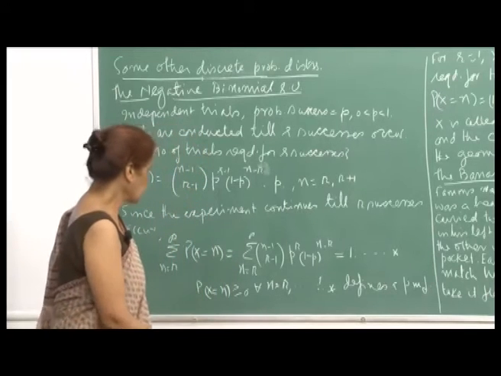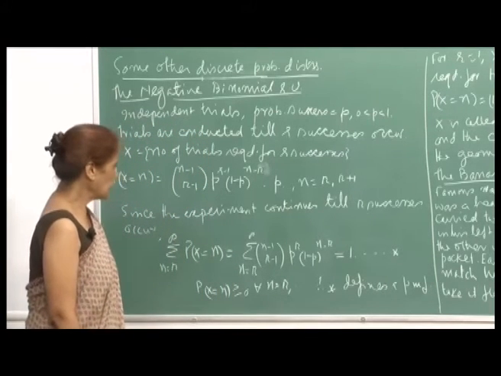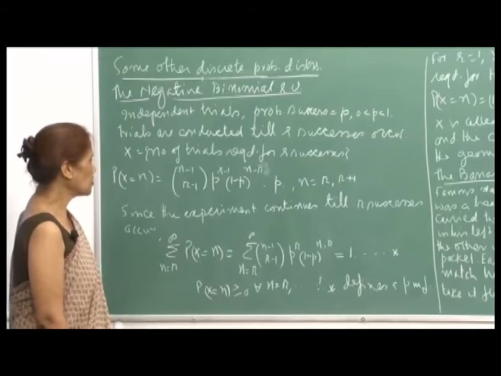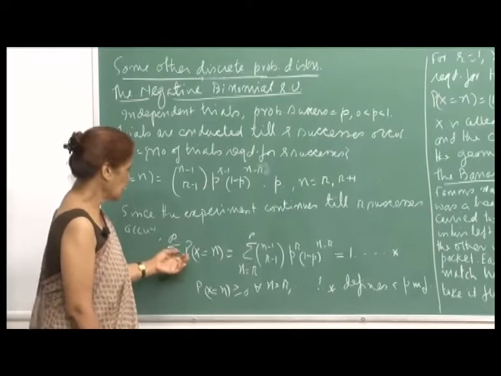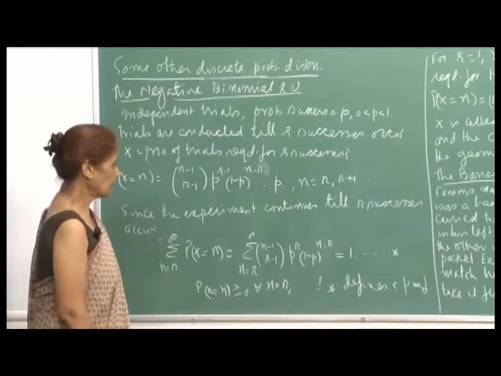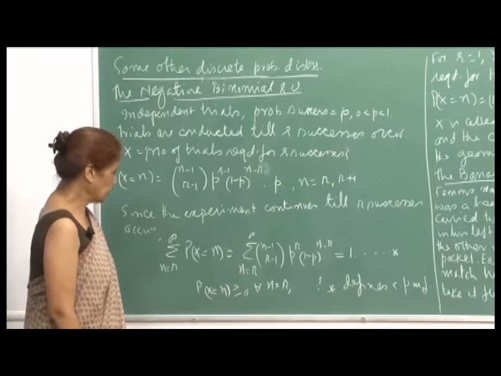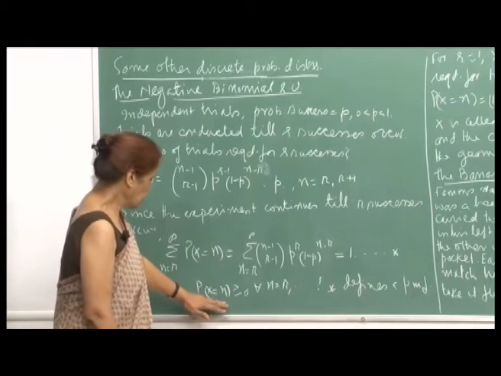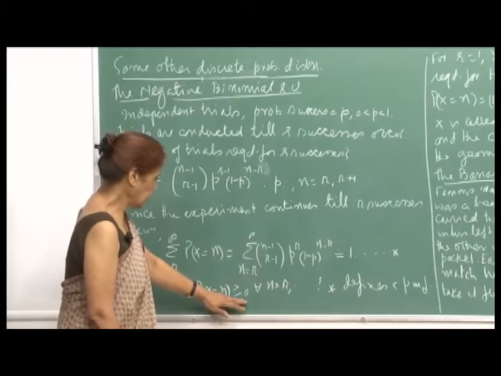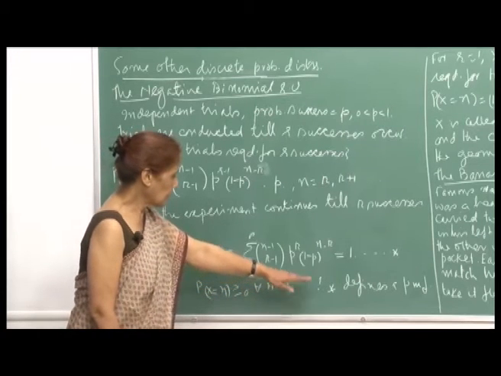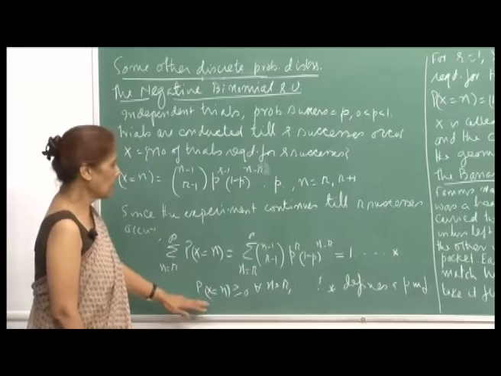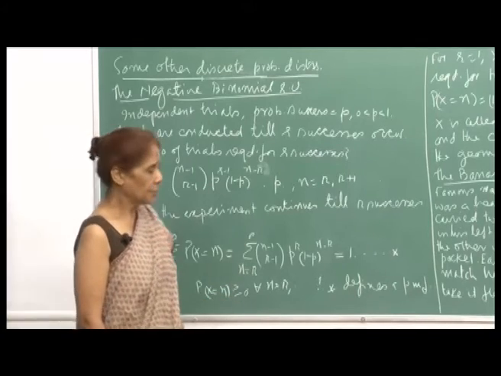So we satisfy ourselves with this combinatorial argument that we will continue the trials till the rth success occurs. Also probability X equal to n is non-negative for n from r onwards. So this defines a PMF, a valid PMF.